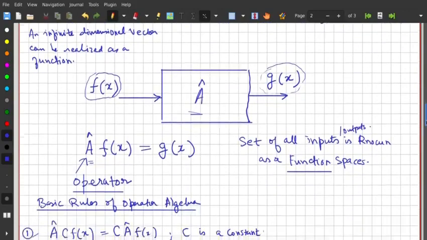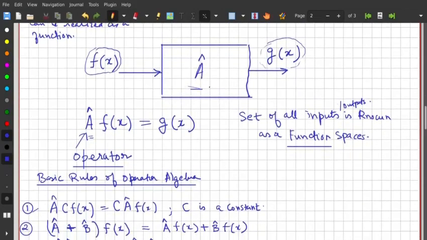And using that idea, we came to appreciate the fact that an operator is any object that takes any function as its input, and provides another function as an output. Okay, and we also said that the set from which all these functions were chosen were part of a space known as function spaces.